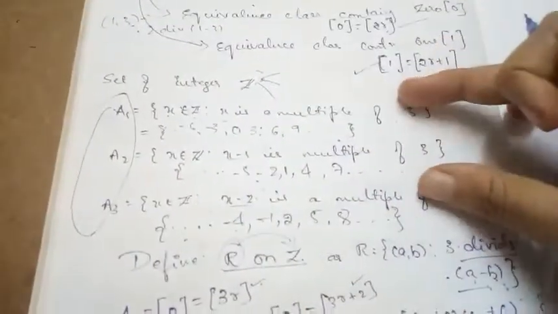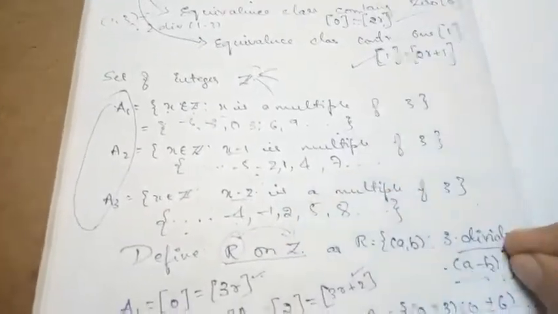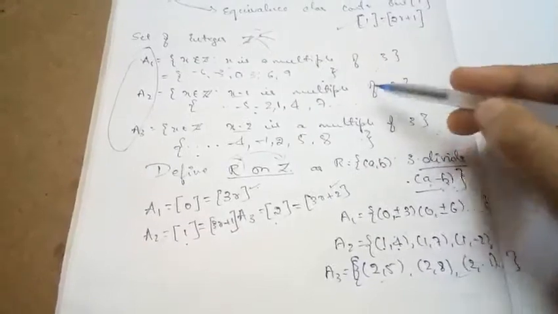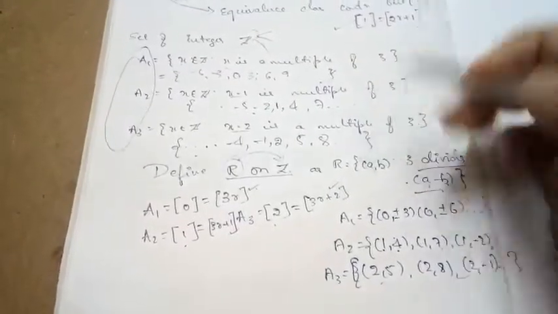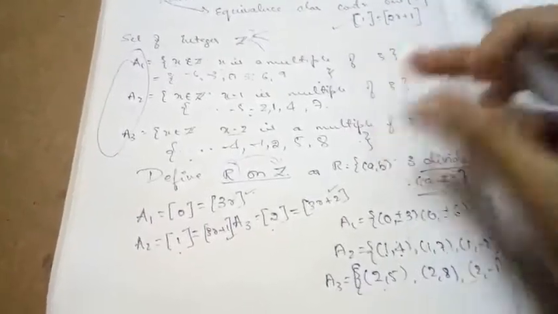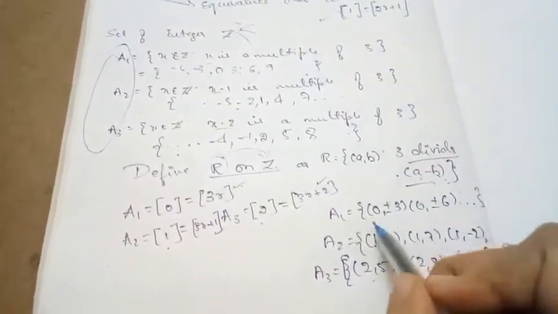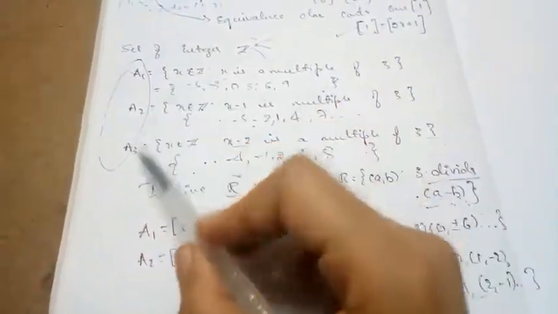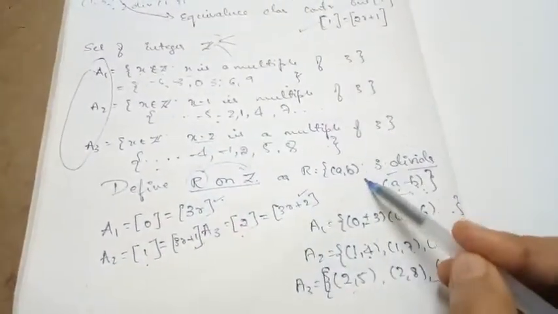Even after combining these three relations into one relation, this relation also satisfies all three groups which we have divided, A1, A2, A3.